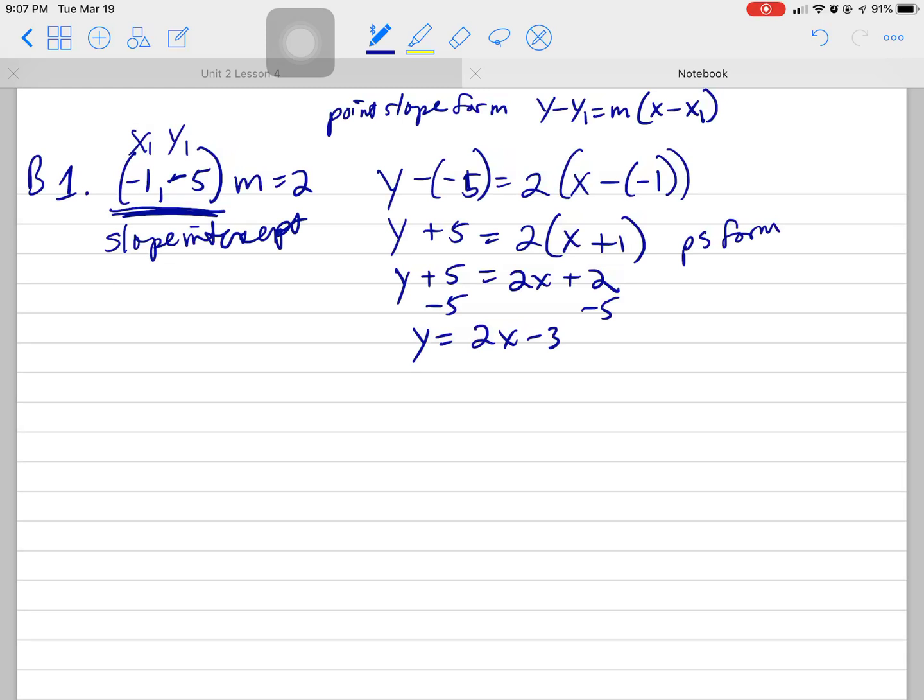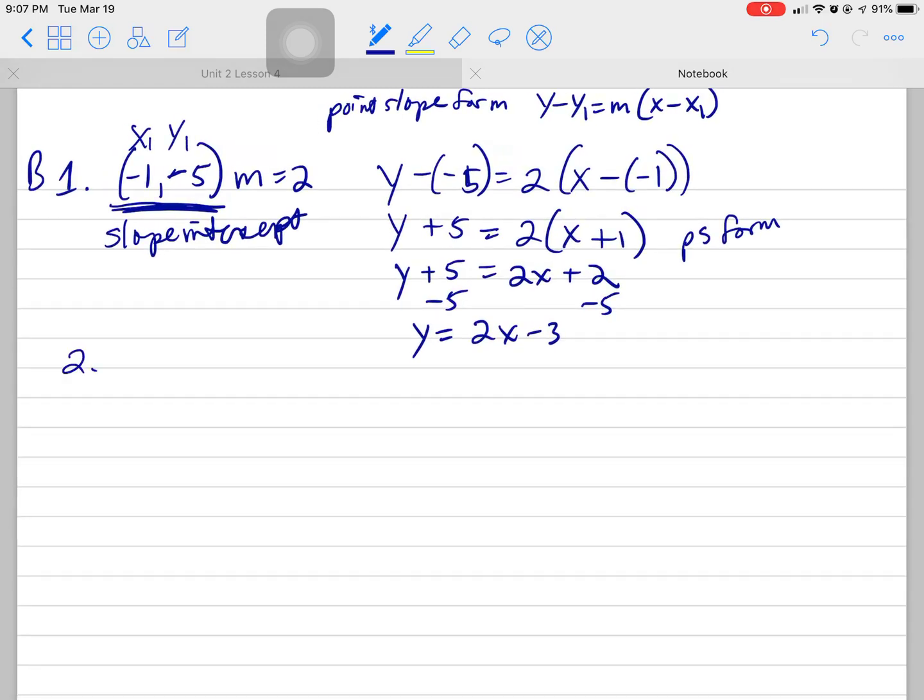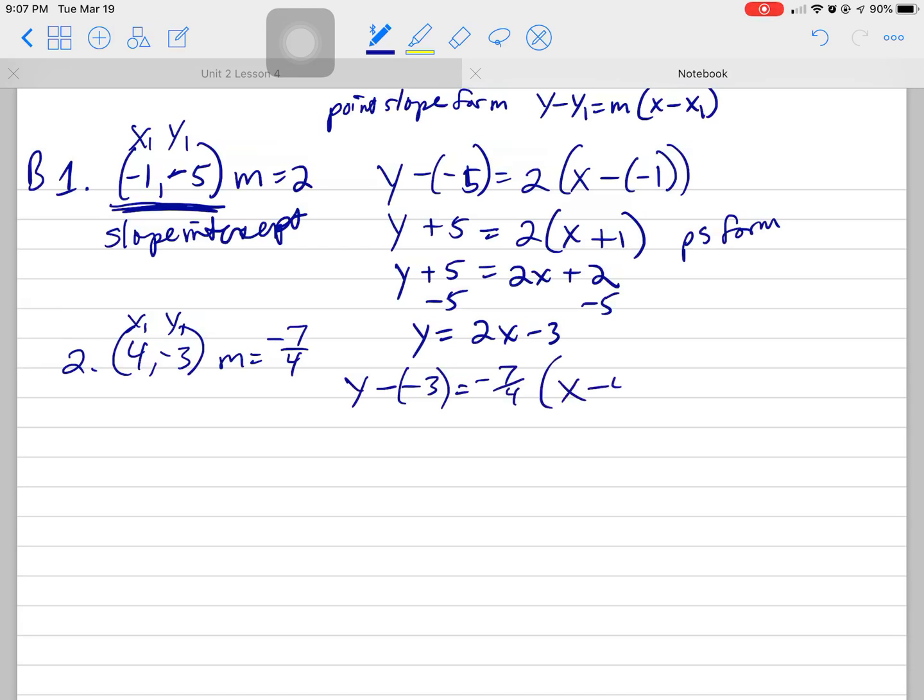Alright, that was 1. 2 is 4, -3, and then the slope is this number. Okay, so they need that in slope-intercept form. So y minus, that's x1, y1, y minus -3 equals -7/4 times (x minus 4).